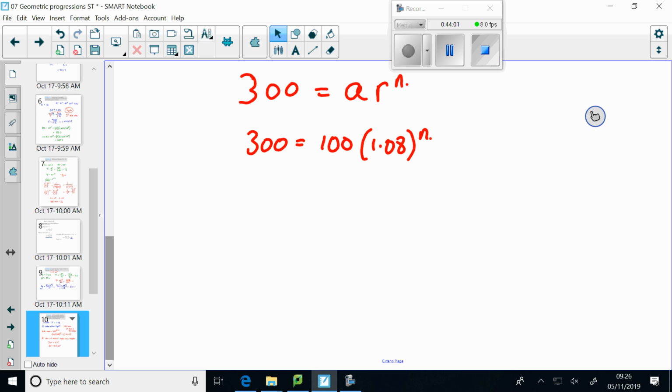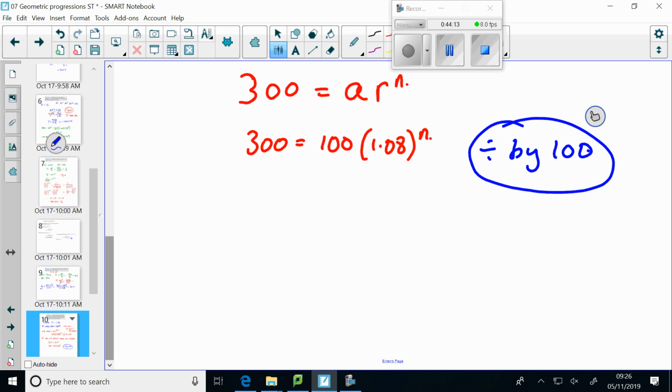Can we get rid of that 100? If we divide both sides by 100, what are we left with? 300 divided by 100 is 3. 100 divided by 100 is... Who said nothing? Yeah, all happy with that?